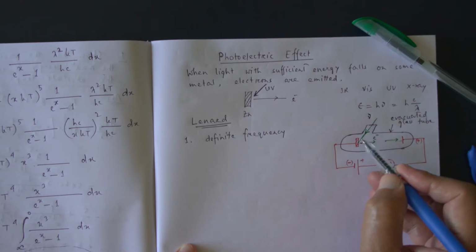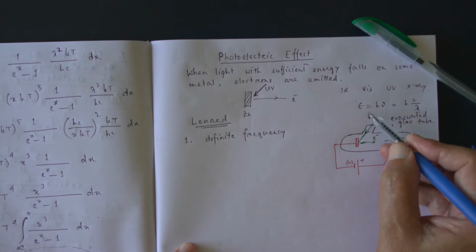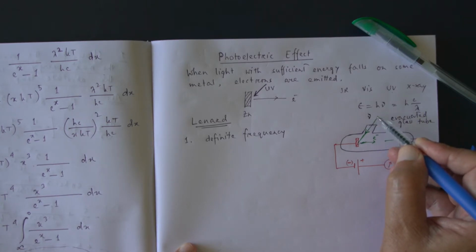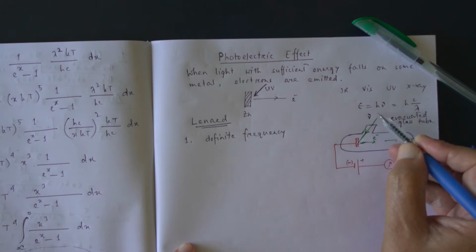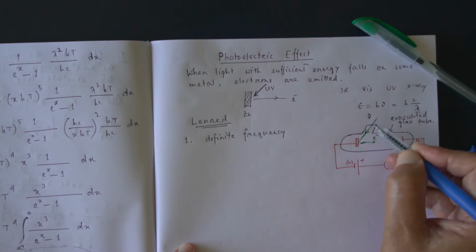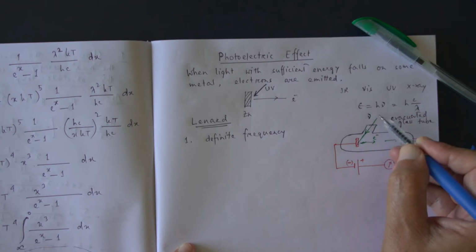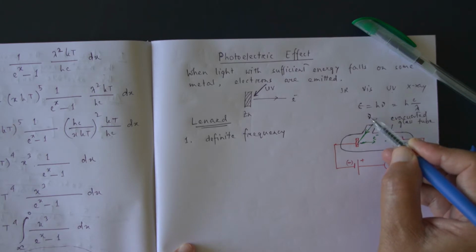Suppose a yellow bulb. Yellow light means 589 nanometer wavelength. Just assume this is a yellow light. 589 nanometer means definite frequency.